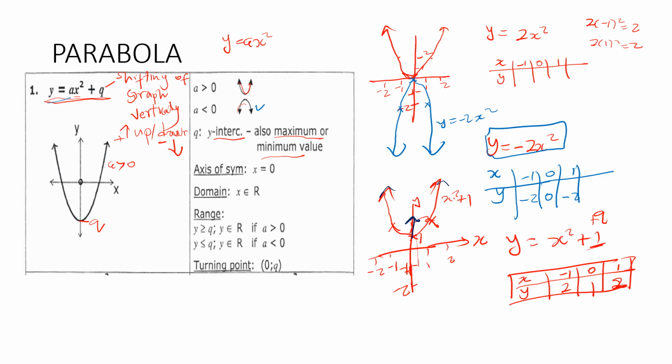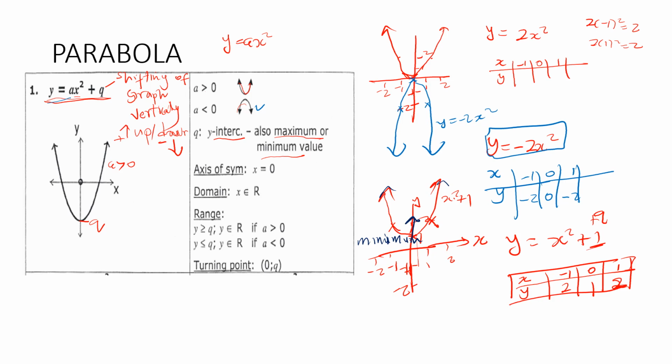So it means the graph will start from this one. So if starting from positive 1 and it's concave up, so it means this will be the minimum value here. This will be the minimum value in this case.